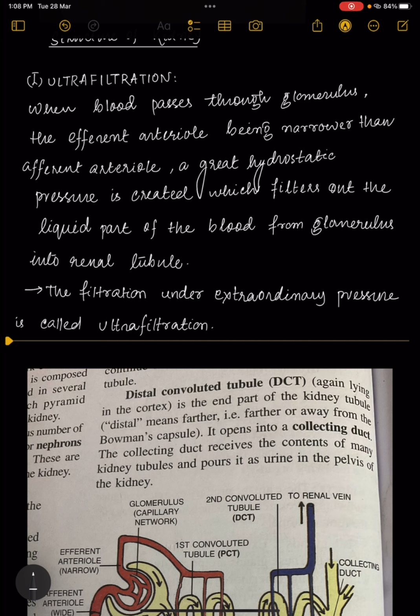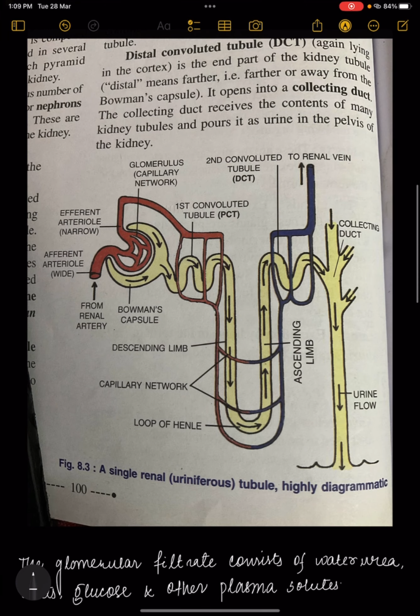As it is narrow, a great hydrostatic pressure is created, and as the blood passes at great pressure, the liquid part will be forcibly taken out. The liquid part which is left, we call glomerular filtrate. It will enter the renal tubule. The filtration under this hydrostatic pressure is called ultrafiltration.